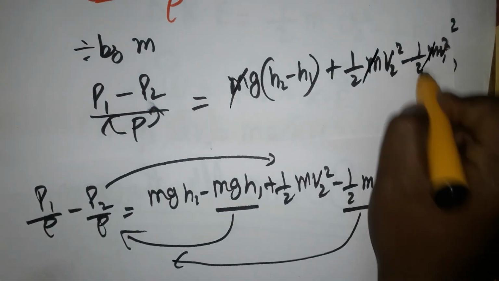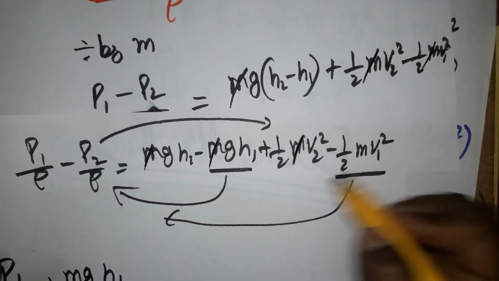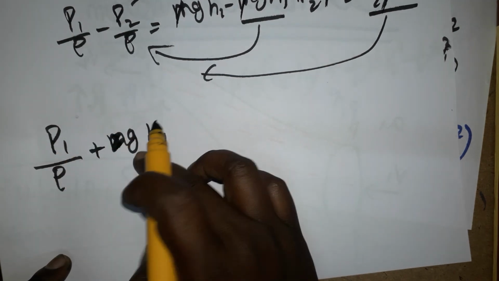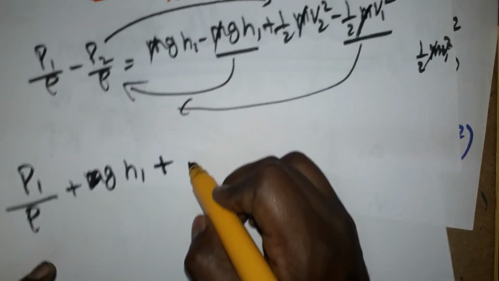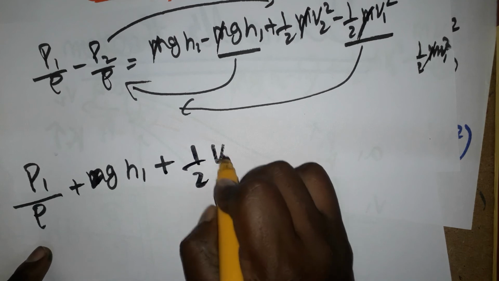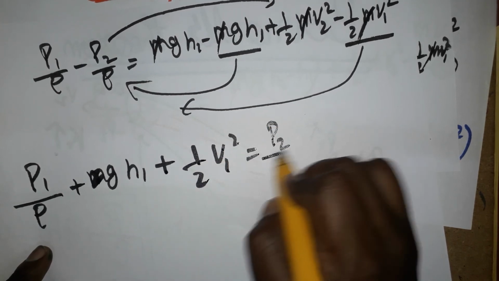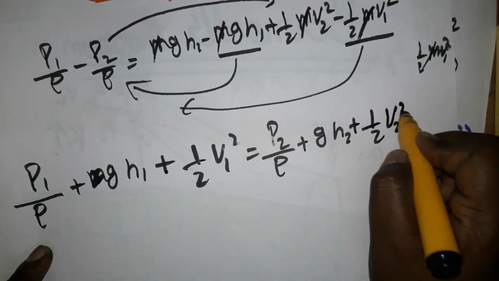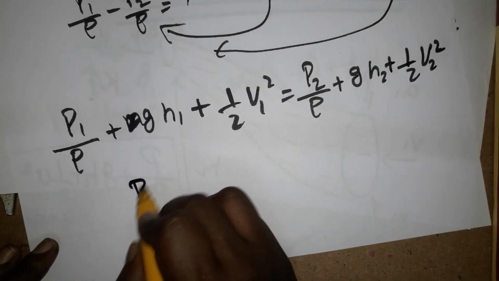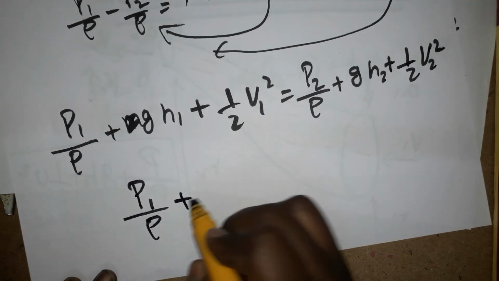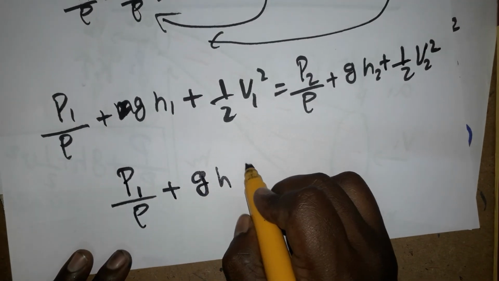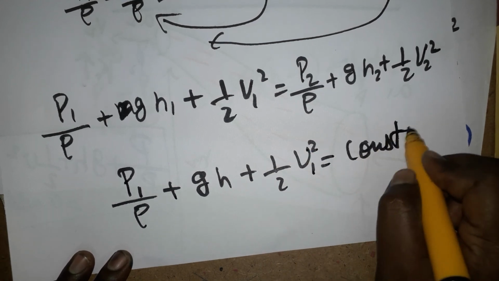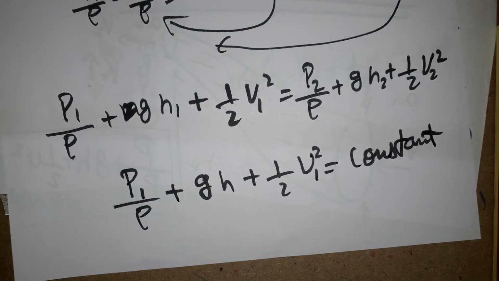So P1 by rho plus g h1 plus half v1 square is equal to P2 by rho plus g h2 plus half v2 square. So this is going to be constant: work done, potential energy plus kinetic energy is constant. This is what we learned from Bernoulli's theorem.